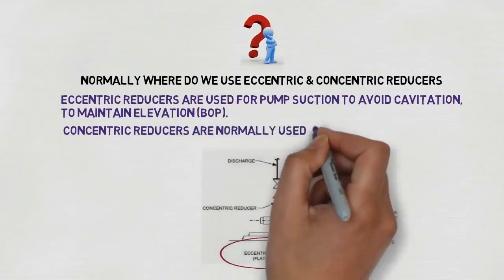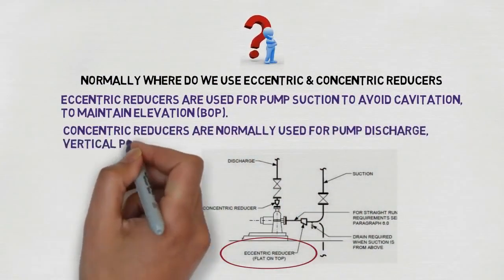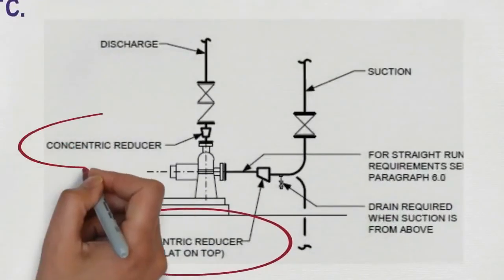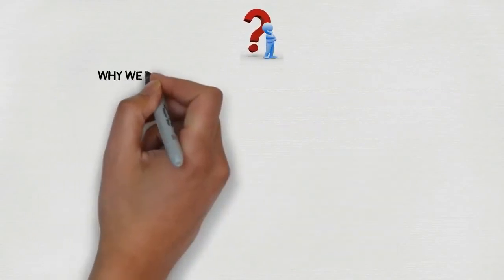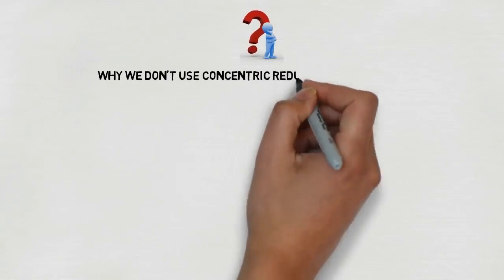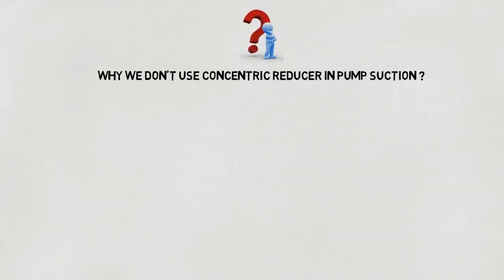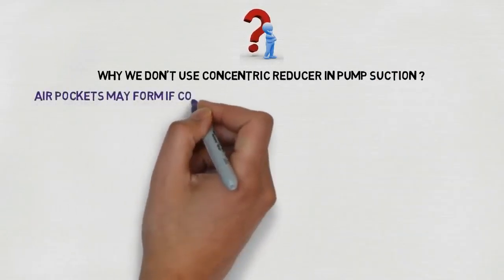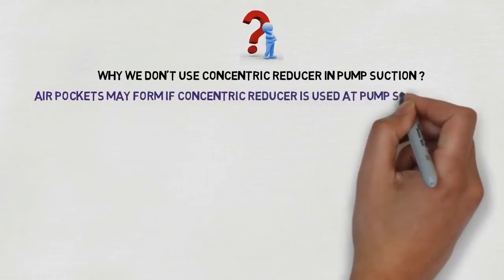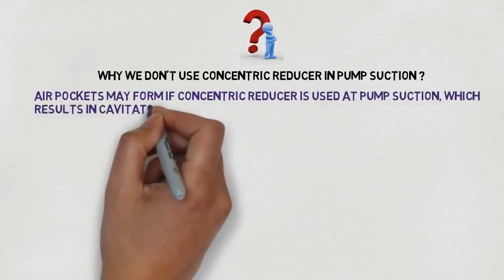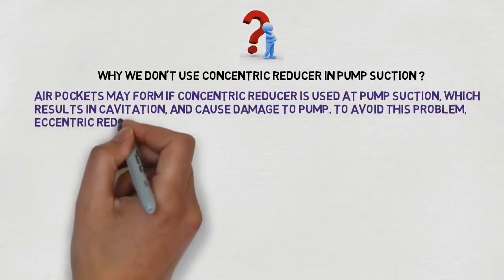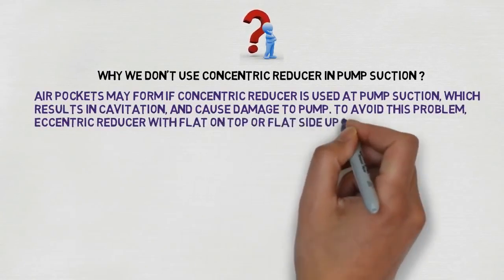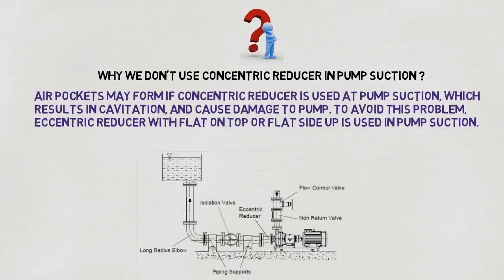Concentric reducers are normally used for pump discharge, vertical pipeline, etc. Why don't we use a concentric reducer in pump suction? An air pocket may form if a concentric reducer is used at pump suction, which results in cavitation and causes damage to the pump. To avoid this problem, an eccentric reducer with flat on top or flat side up is used in pump suction.